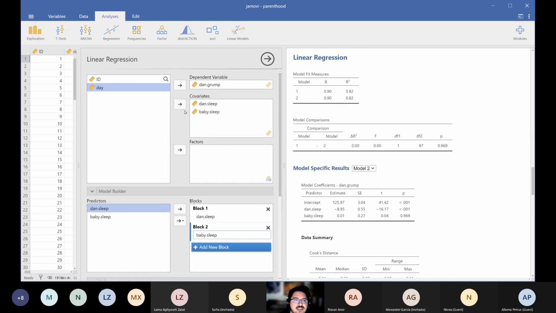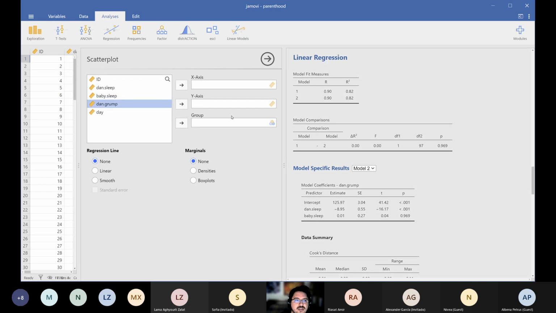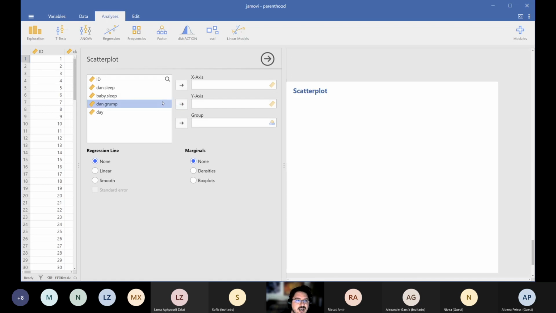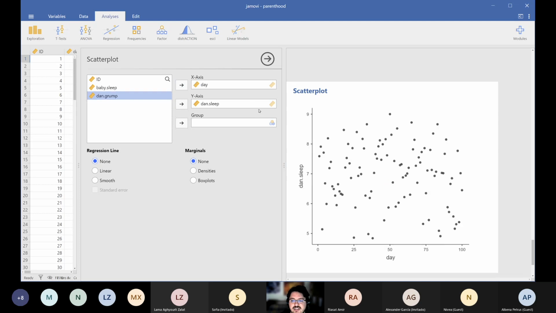So let's see what happens with days, which we totally overlooked. If we go back to exploration scatterplots, let's see if time has something to do with anything. Let's go with Dan sleep on the y-axis and days on the x-axis.